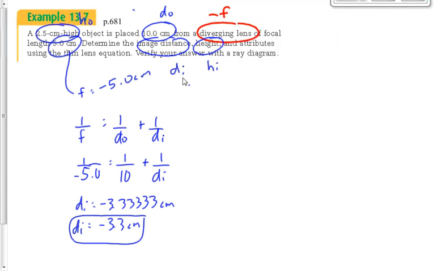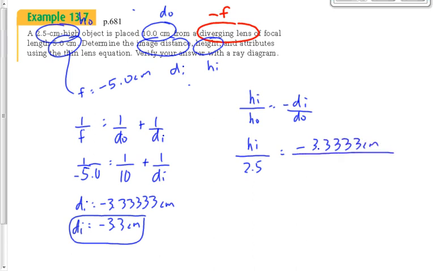Okay, looking for hi. Let's say that hi over ho equals -di over dO. hi over 2.5 equals -3.333. Is that right? What's wrong? It should be -3.3. Good. Over dO, which is 10 centimeters here. So how are we going to do this one?